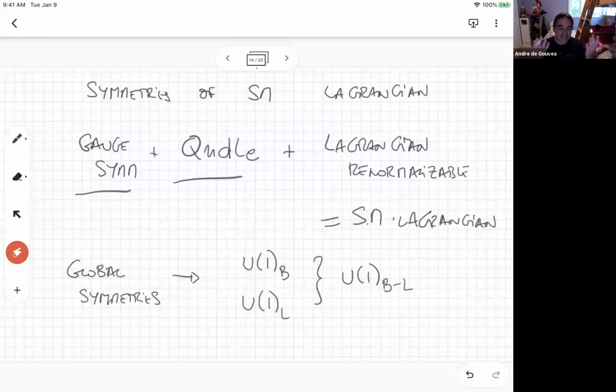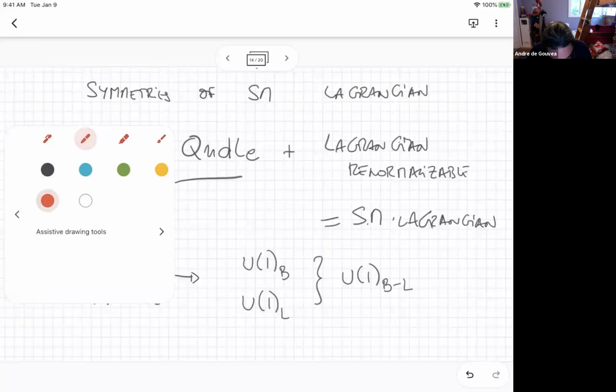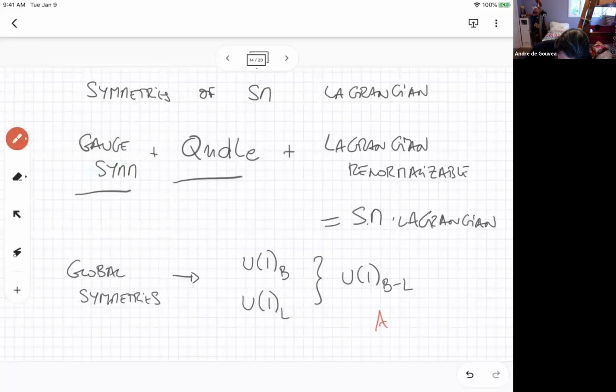And it's a side effect, if you want, of the gauge symmetry and the fermions that we have with the charges that they have and the fact that we're writing down a renormalizable Lagrangian. So we didn't ask for this U(1) B minus L global symmetry of the Lagrangian. It just happened. And again, the language we use is, this is an accidental symmetry.